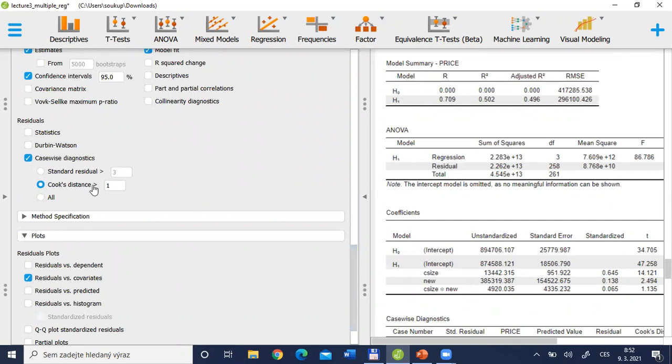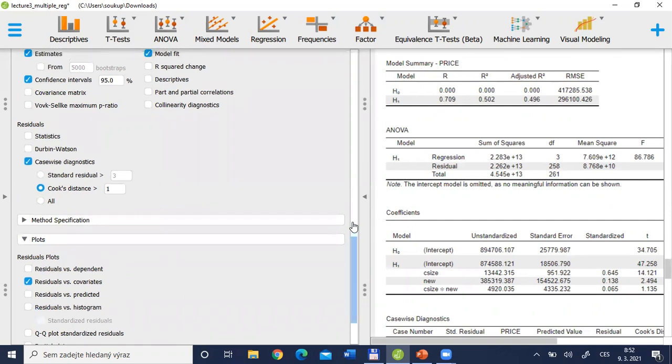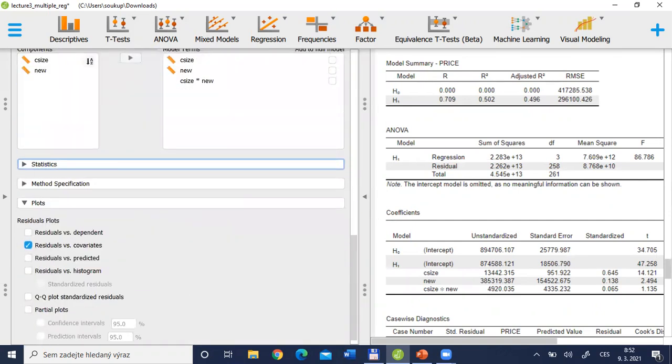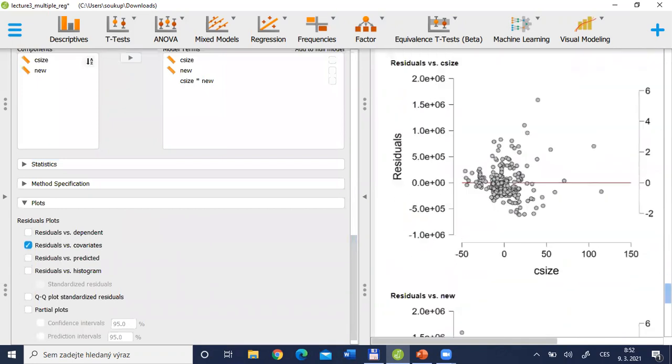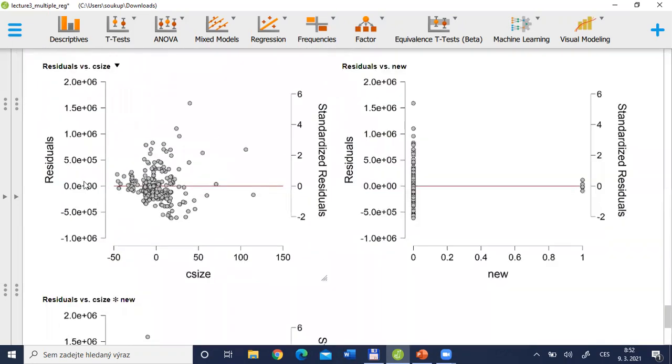This is the same style as finding influentials. So I would close this dialogue, and we would go back to this graphical diagnostics. And it seems, at least according to my analytical experience, that in my data there is maybe heteroskedasticity present, and it is related to this variable C size.